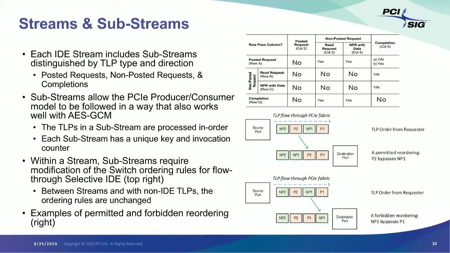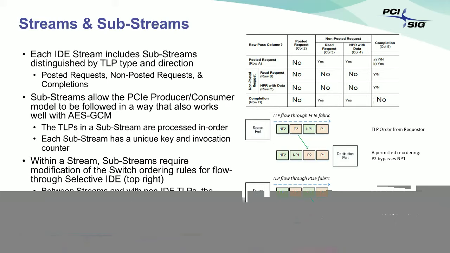Now, it is critical, however, to understand this is really just talking about a requirement applied at the hardware level, and it's applied to a specific stream. It would not be correct for software to assume this ordering model at the system level, because once you get past the boundary of a port, a component is still permitted to take advantage of what would be allowed in the normal PCI ordering model without IDE.